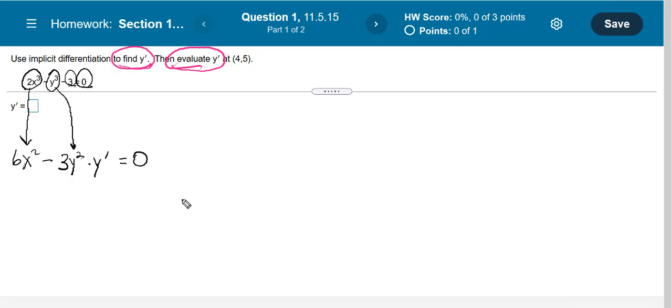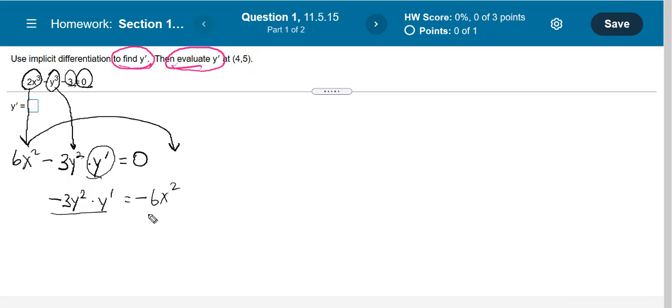So after this, we need to solve the equation for the y prime. So we will move the 6x squared to the other side, and divide both sides by negative 3y squared. 2 negatives will make a positive. 6 divided by 3 is 2.